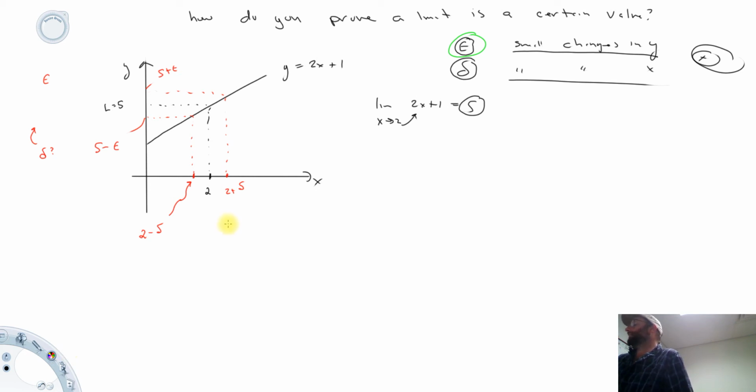We need our function, which is 2x plus 1. Right now, imagine we're here somewhere. We want the function to be above this, meaning greater than 5 minus epsilon.